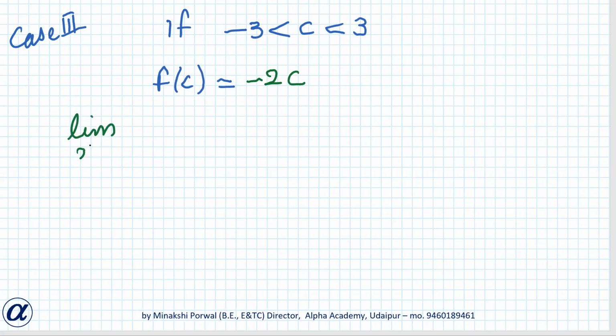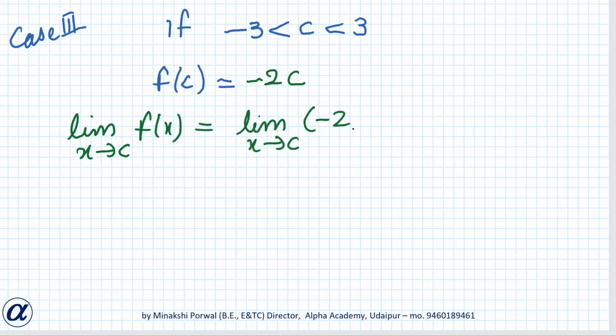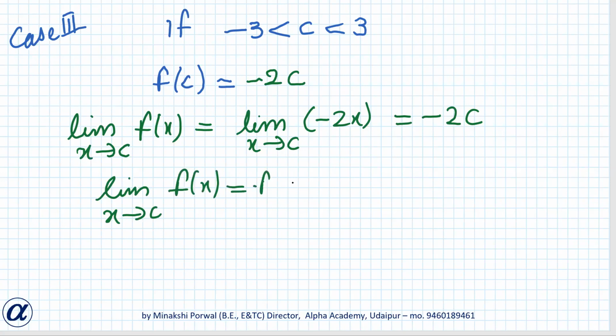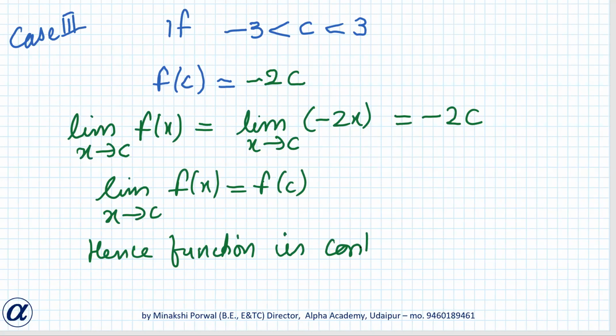The limit as x tends to c of f(x) is the limit of minus 2x, which equals minus 2c. So the limit as x tends to c of f(x) equals f(c). Hence the function is continuous in x from minus 3 to 3. When we are putting this bracket, it means minus 3 and 3 are not included.